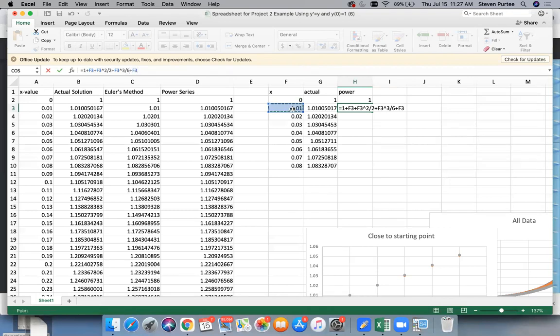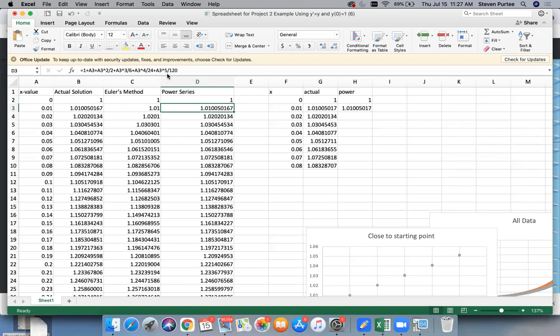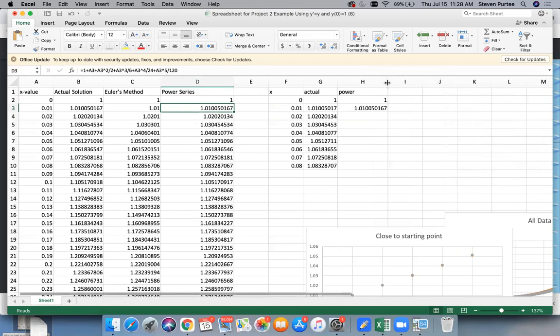My x value to the 4th divided by 4 factorial, which was 24, plus the x value to the 5th divided by 5 factorial, which was 120. Okay, yeah, I got the same thing.